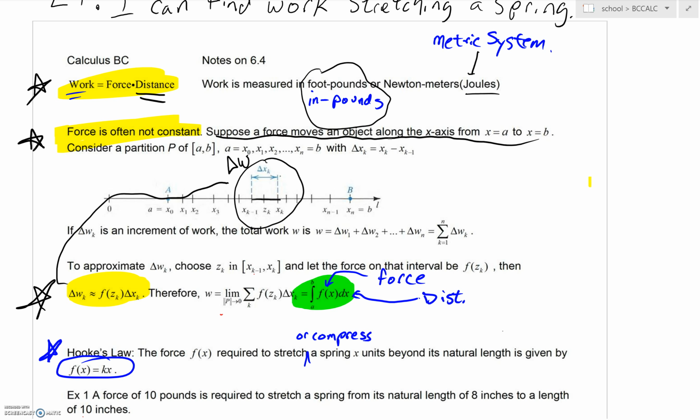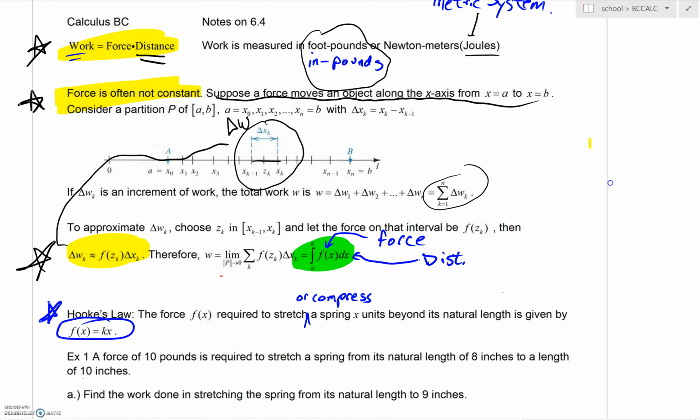Well, imagine that we just kept doing that. We sliced this problem up into very, very tiny delta x's, and we'd calculate all these work increments, delta w's. If we add that up, you're probably going to say, now wait a minute, that sounds so much like what we were doing with Riemann sums. And indeed it is. It's an integral.